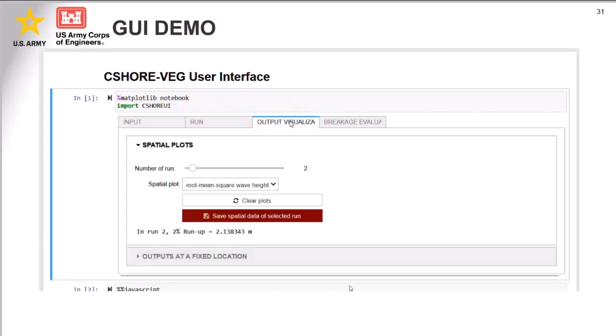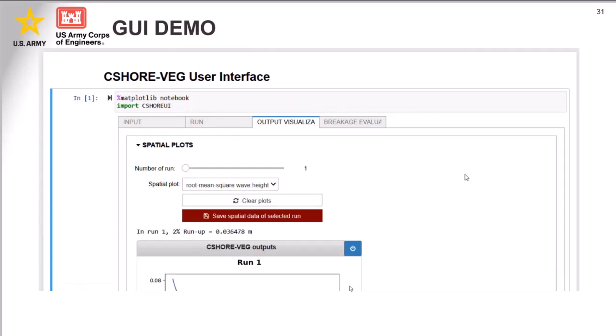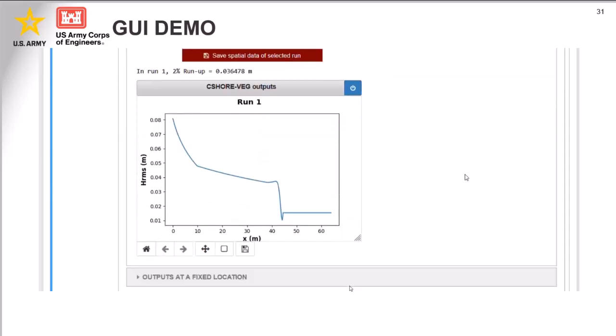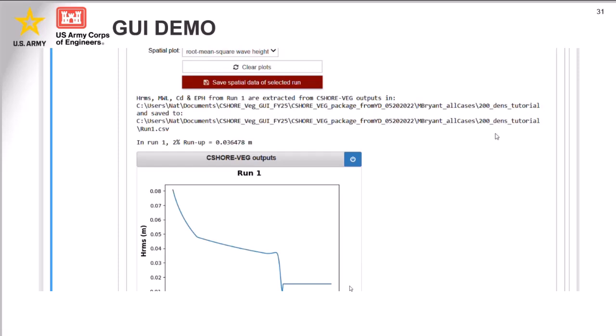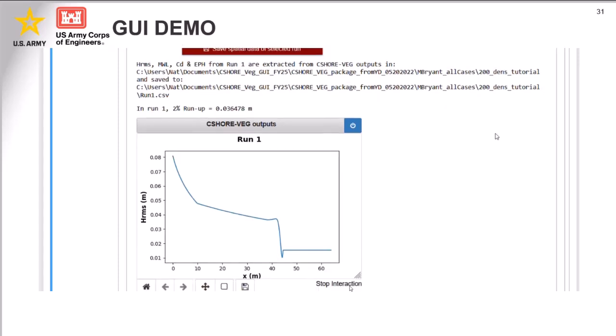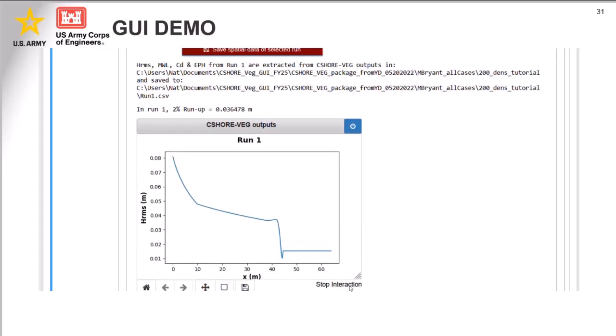Then you can also plot your results in the GUI and also save your results in a CSV file. The saved parameters are the root mean square wave height and mean water level, drag coefficient, and effective plant height.